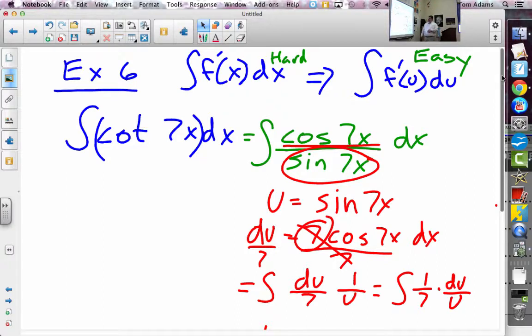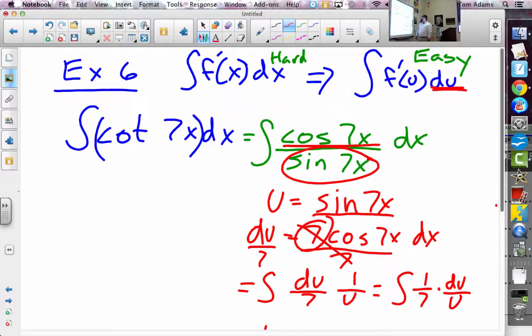So I can choose one of those to be u and the other one to be du to some degree. Now I chose sine to be u because I don't want du in the denominator. I want some sort of function of u, and then I want du on the top of the fraction. So that's why I chose sine of 7x to be u.